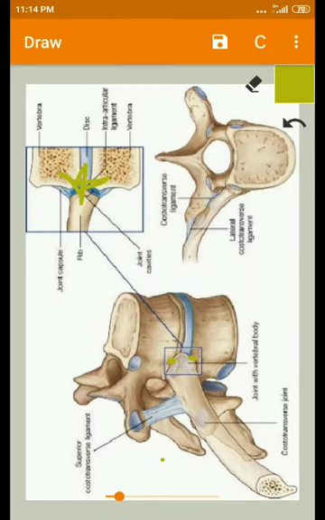The superior band attaches to the above vertebra, whereas the inferior band attaches to the corresponding vertebra, and the middle band is attached to the intervertebral disc. The middle band also joins with the other side middle band on the anterior aspect of the intervertebral joint.